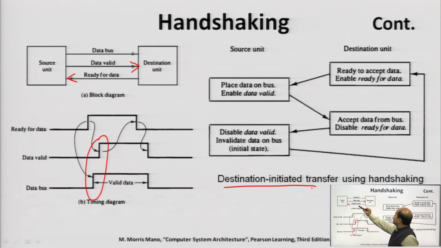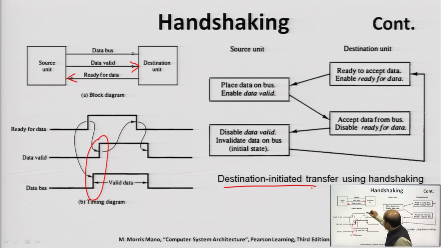And after successful transfer, once the data is successfully received by the destination unit, it will disable the ready for data signal, informing the source that I have received the data successfully. Now, you can disable all the lines or data lines.